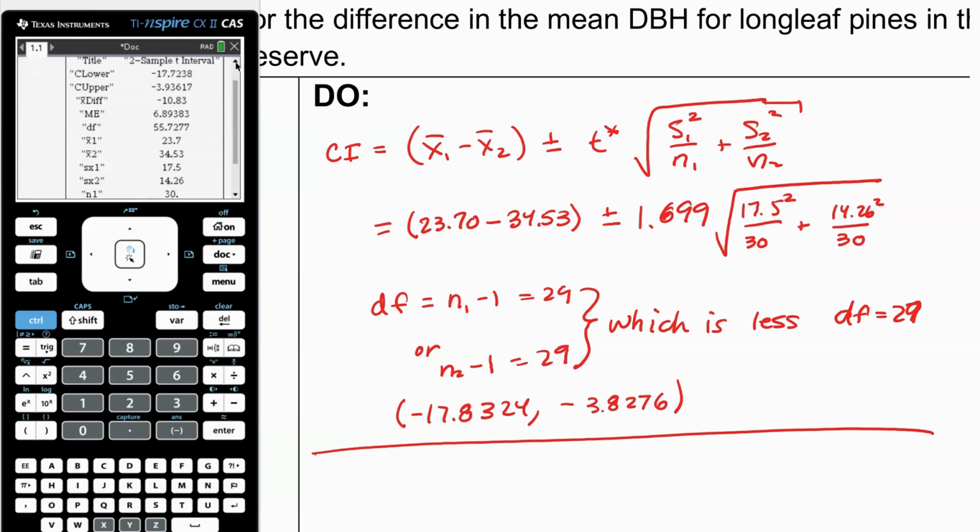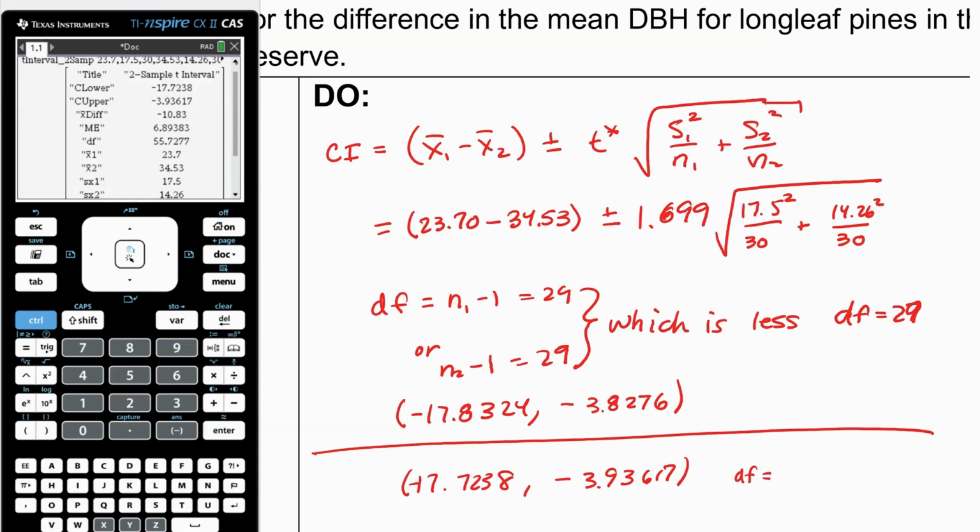There we go. Said okay. And let's take a look what they say. They say the answer is negative 17.7238 to negative 3.93617. And you say, that's not exactly the same. Why is there such a difference? And the difference is with this calculation, the calculator used a more aggressive calculation for degrees of freedom.